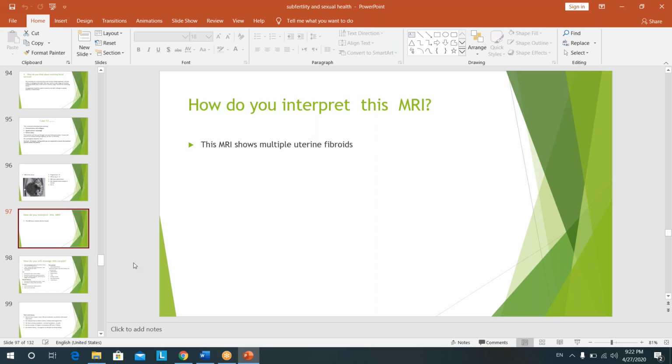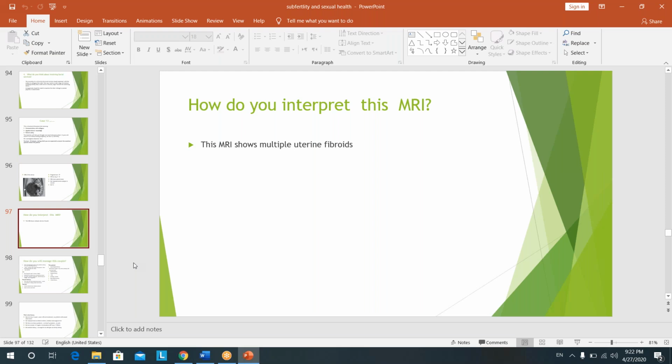After taking the history, I would like to examine the patient. My nurse will check her blood pressure, pulse, weight and height to calculate her body mass index. Then I will examine her abdomen to see if the fibroid is palpable and how much of the uterus is palpable.